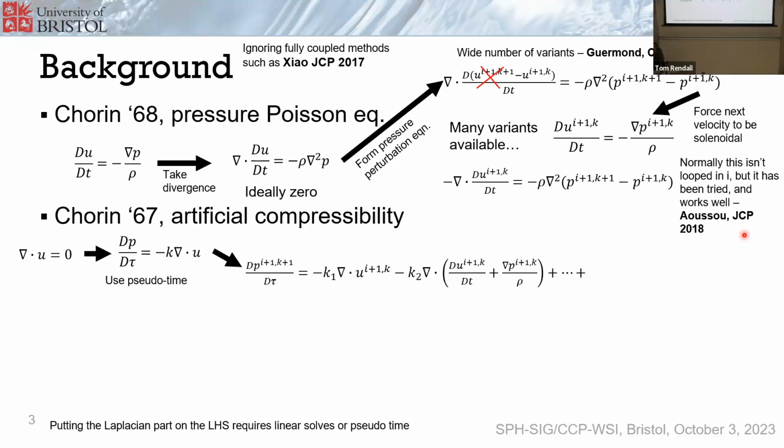So using pseudo time, what's happening here really is regions where your divergence condition isn't satisfied. Your pressure is going to increase or decrease until you drive that to a suitable solution. And once that iterative process completes, you've got a zero divergence velocity field, and you've found a pressure field which is consistent with that.